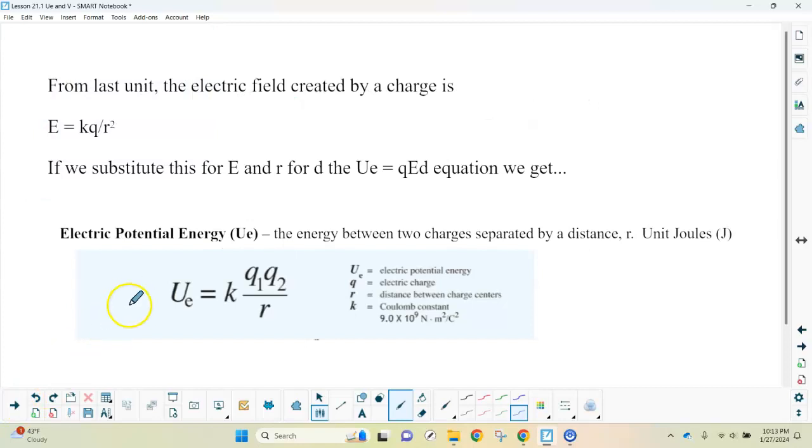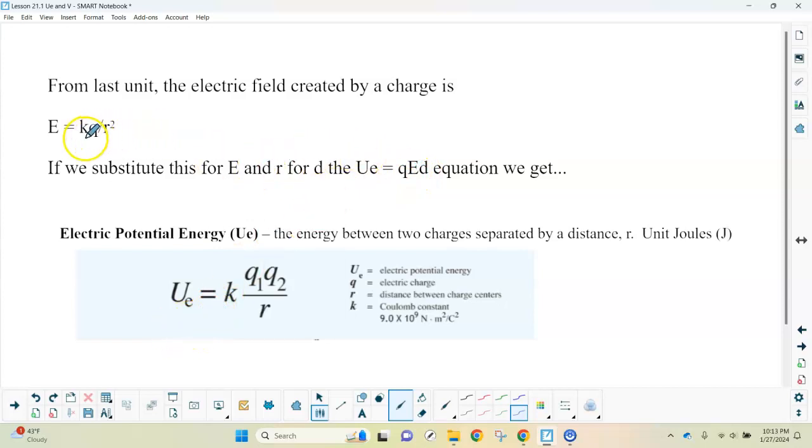Okay. We also talked about the electric field created by a charge. E, the electric field created by a charge at some point away, is kQ over R squared. We can use this E in our electric potential energy equation. If we use U_E equals QED, we get this equation down here.